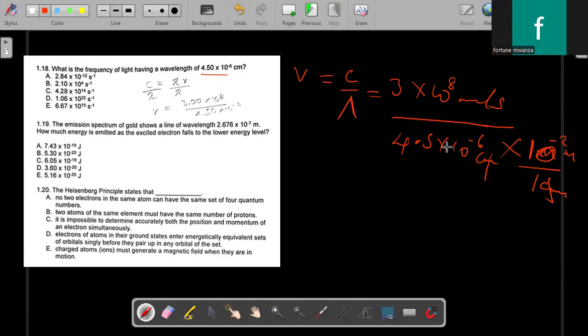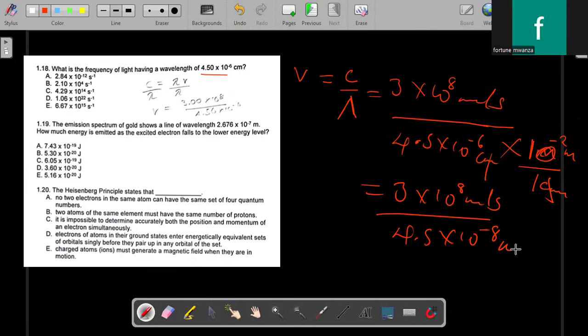So I have 3 times 10 to the power 8 meters per second divided by 4.5 times 10 to the power negative 8 meters, so that the meters and the meters will go, so we only remain with the second. So you divide these two, you get 3 divided by 4.5.